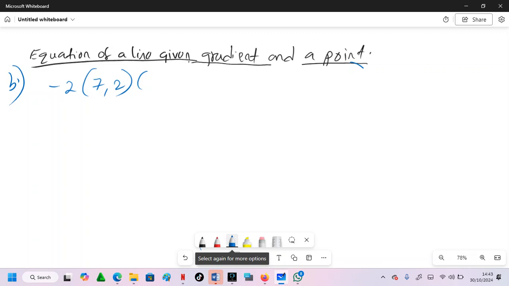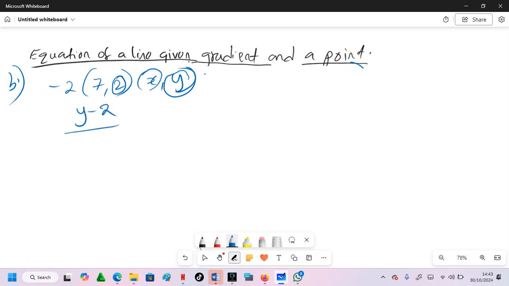We have an imaginary point, so that change in y, which is y minus 2, over change in x, which is x minus 7, is equal to the gradient, negative 2, because the gradient is normally change in y over change in x.